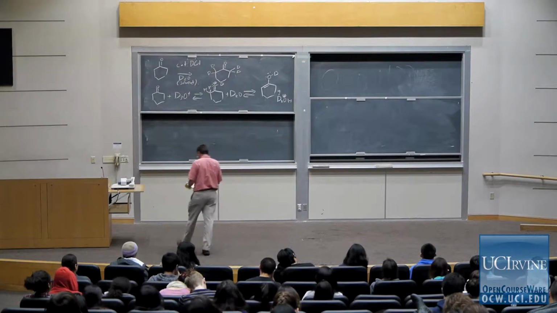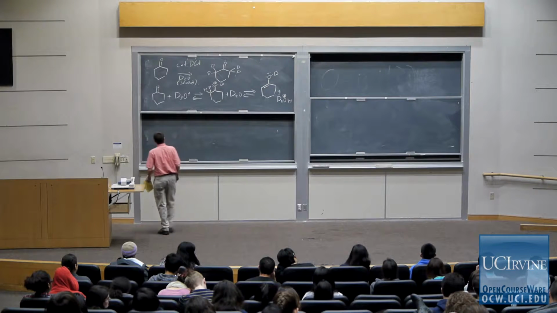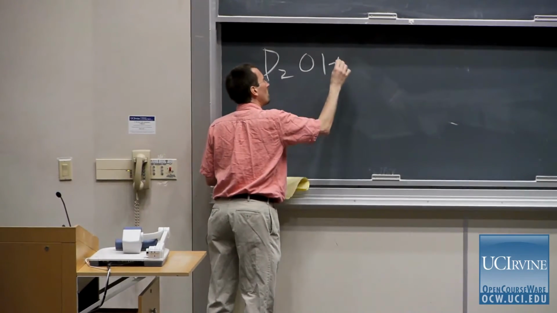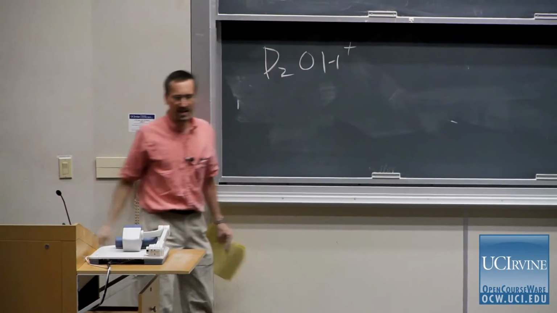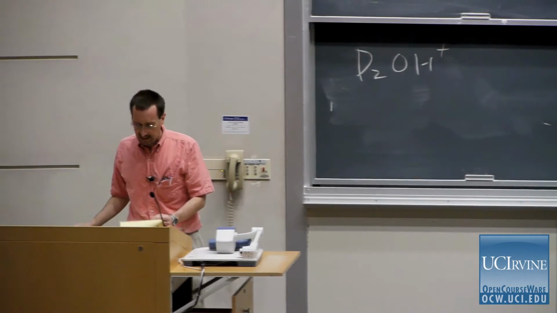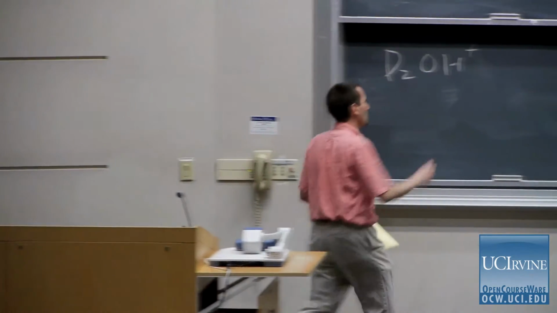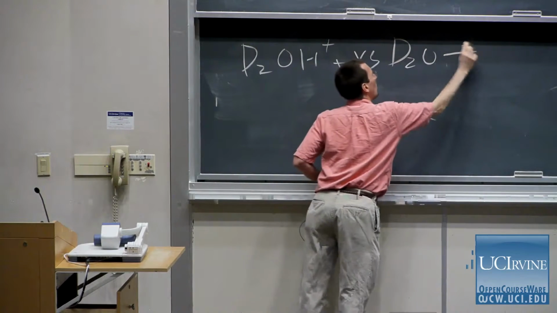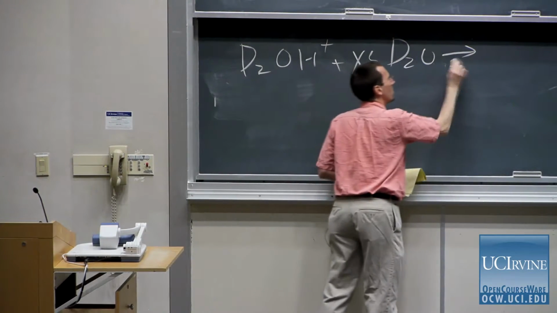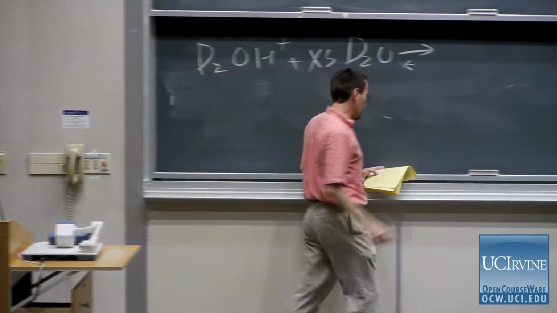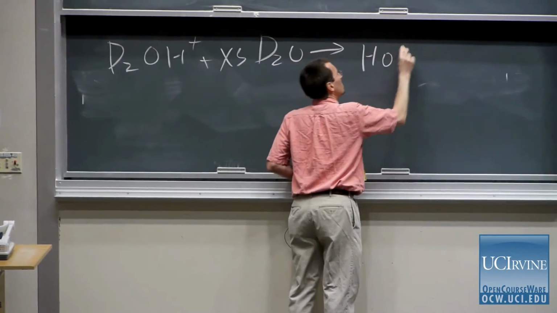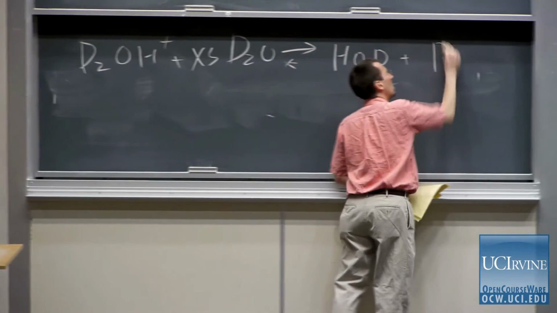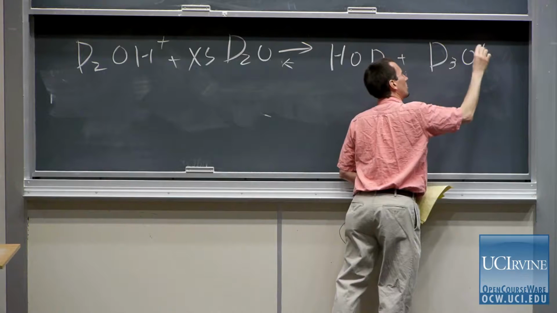Protons, as I've been saying again and again, go on and off every protonated species. In other words, when we have D2OH plus and lots of water, so I will write plus excess D2O, you have an equilibrium, and of course mass action drives this equilibrium. And so you'll get a little bit of HOD plus D3O plus.